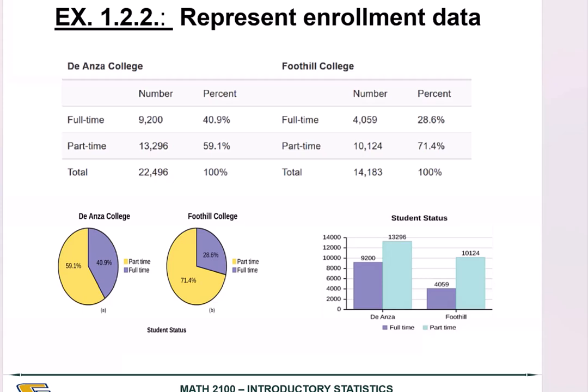The same thing you can do with a bar chart, where you have the lower column, 9,200, for full-time, and for part-time you have 13,296. Similarly for Foothill College, you can have the table, the bar chart, and the pie chart.